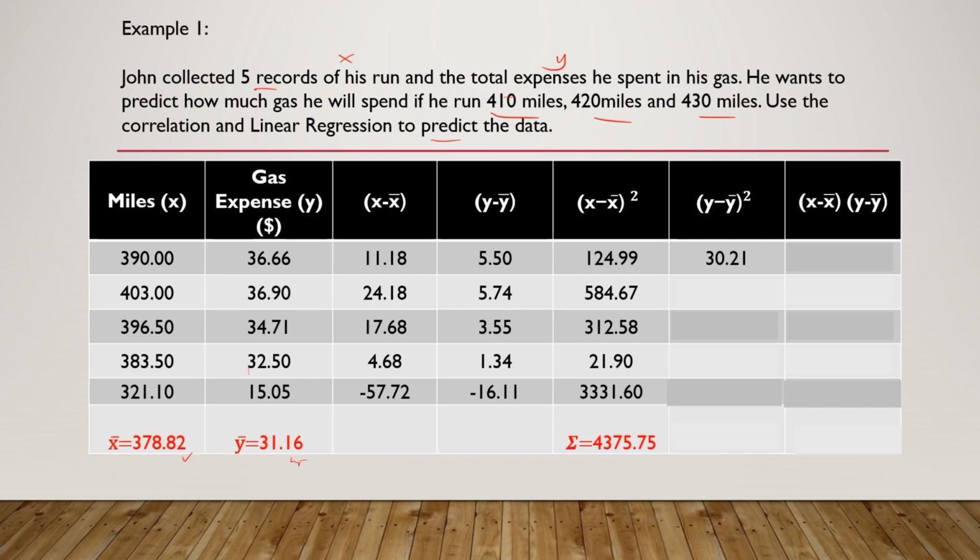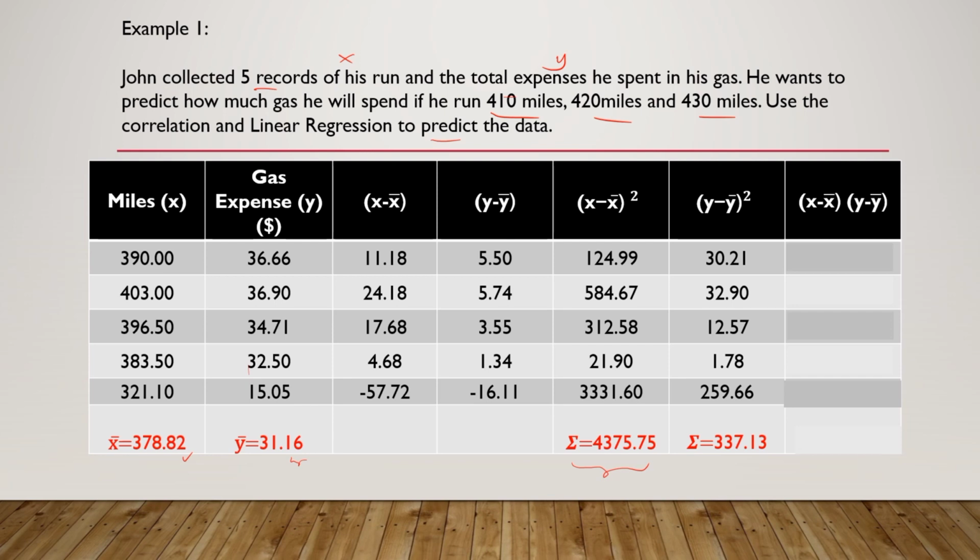After you get the square of the x minus x bar, you get the summation for this column. Then for y minus y bar squared, that is the square of the fourth column. So these are the values, and then let's get the summation: 337.13.